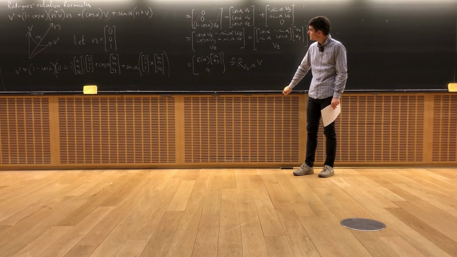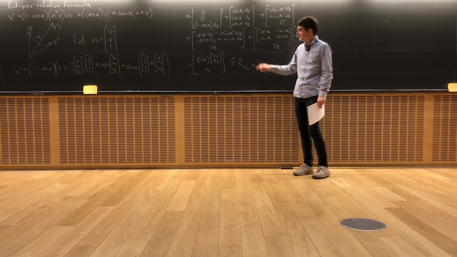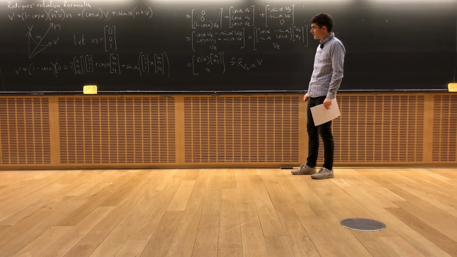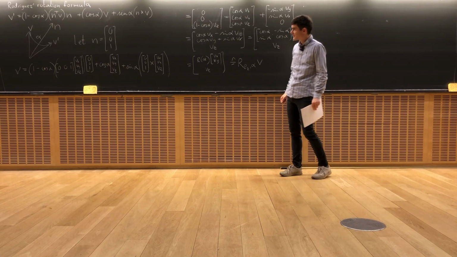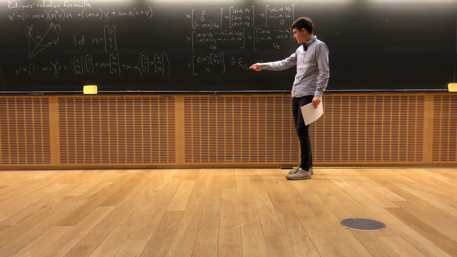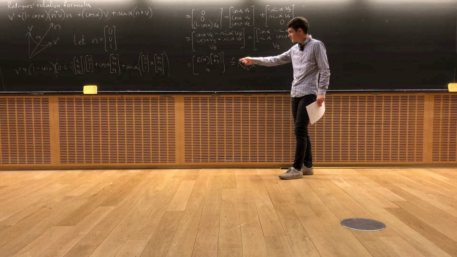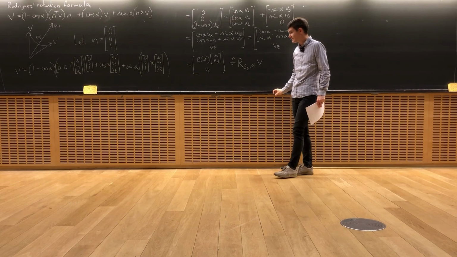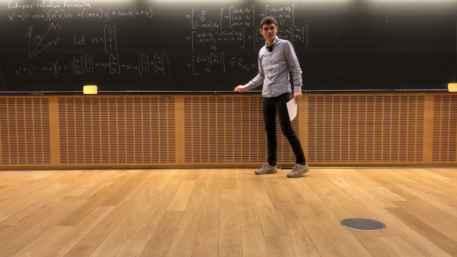So then we have seen that this rotation formula, in the case that n is the unit z vector, what I end up with is just rotating stuff around the unit z vector, meaning that vz is not affected.